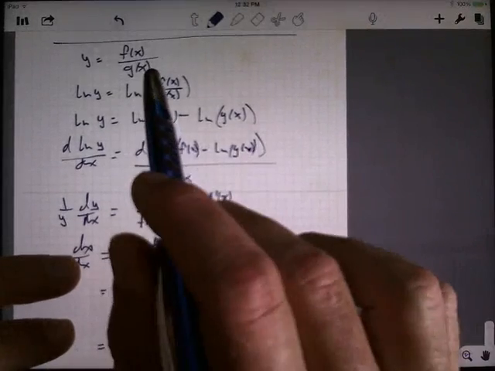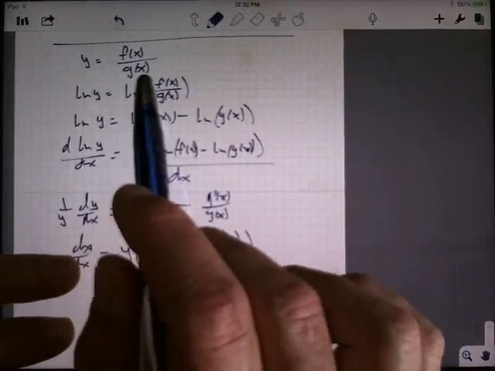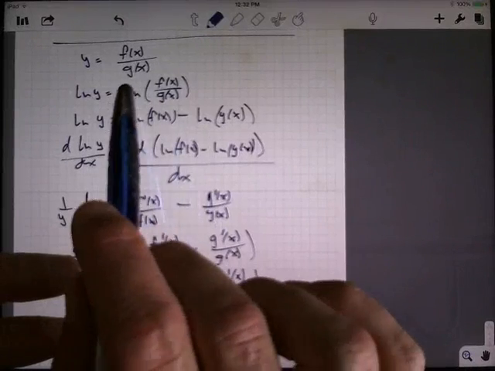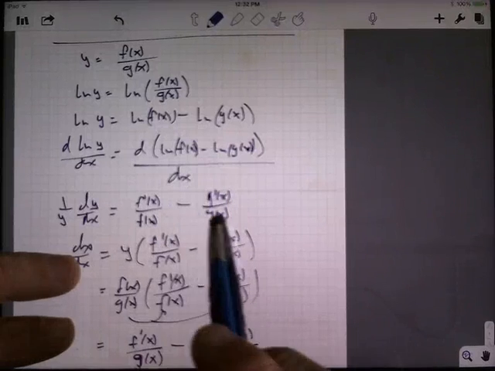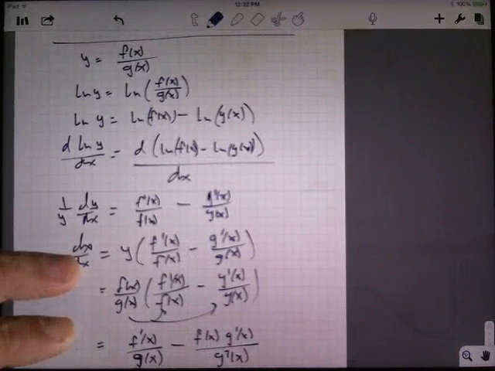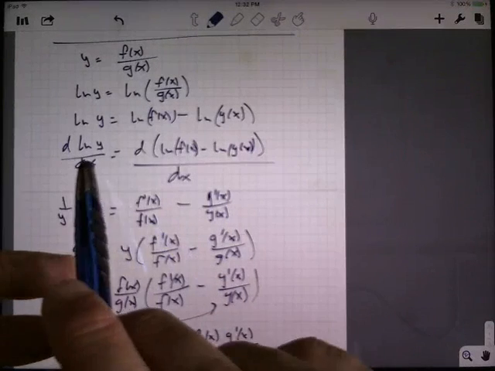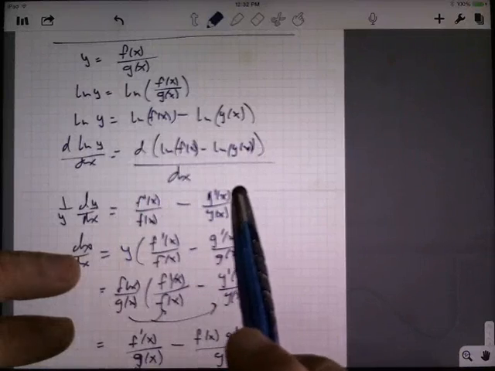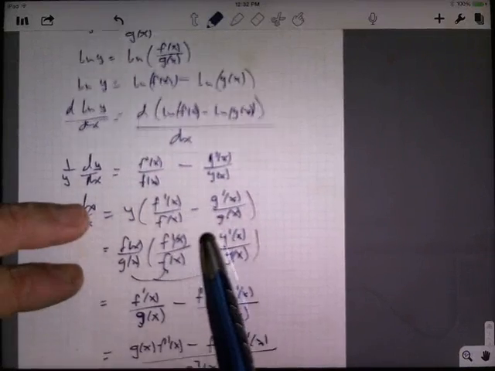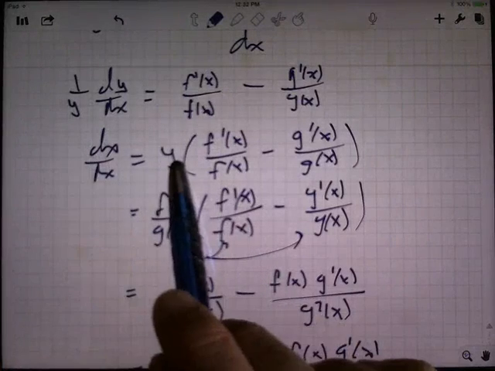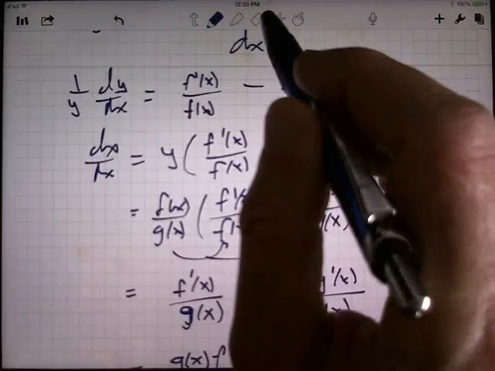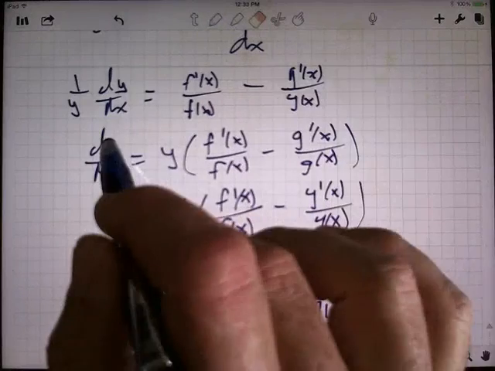Where do we start? Right here. Logarithmic differentiation. You take the log of both sides, use the properties of logs to split this up, and that quotient turns into a difference, hence the minus sign that carried all the way through. Take the derivative of both sides, use the properties of the derivative of the log here, and solve for dy dx.